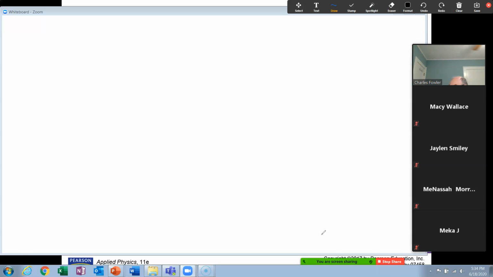Hit an equal sign and take a square root. And we get 9.8, actually 9.80 meters per second. That's its velocity. So now it's moving, 9.8 meters per second.